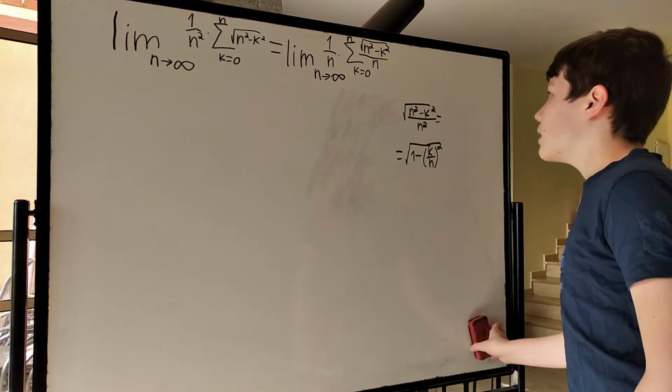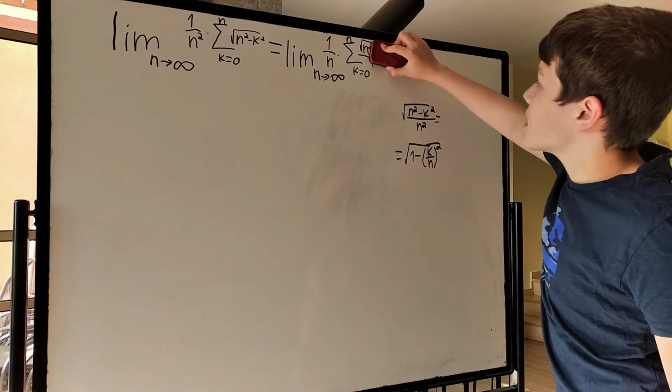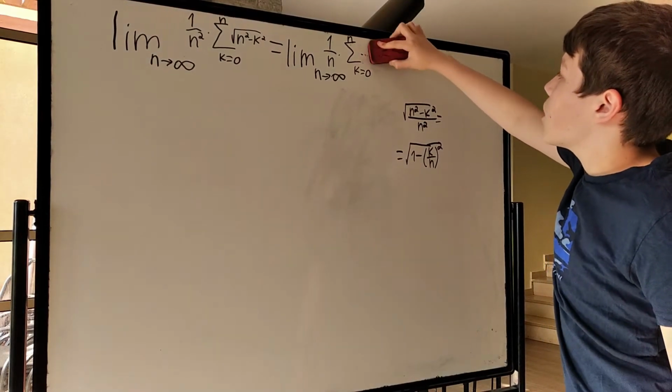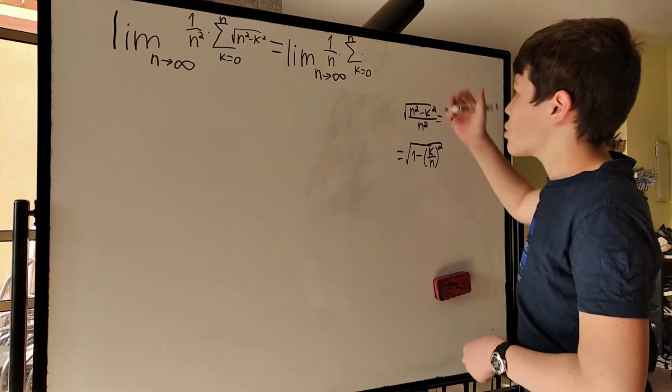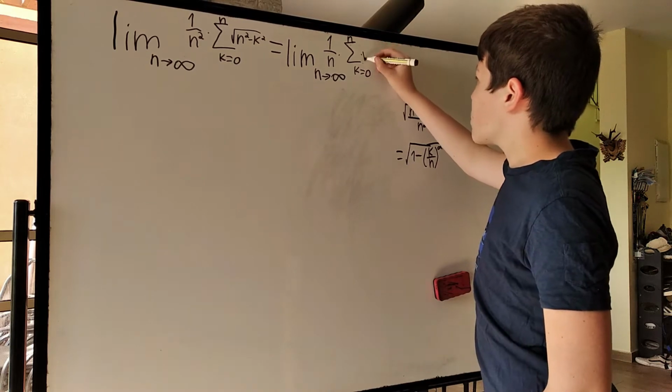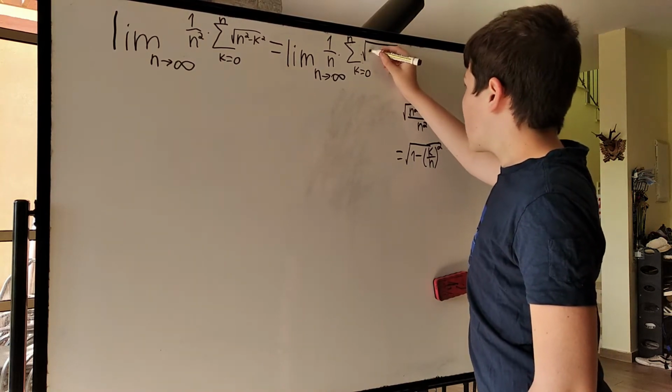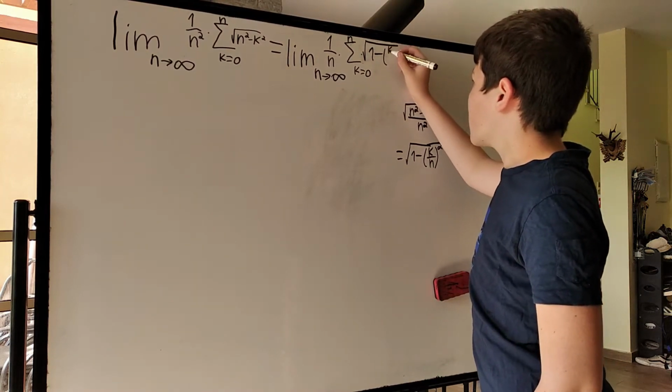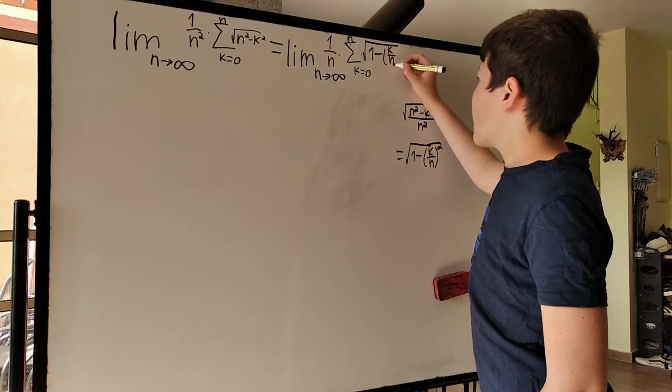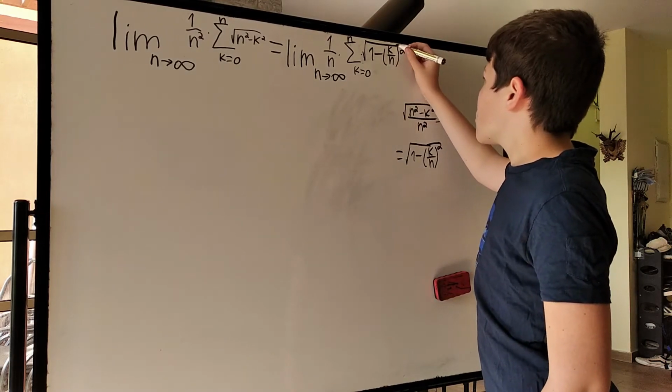So let's just replace the inside of the sum with this expression. So we have the square root of 1 minus k divided by n squared.